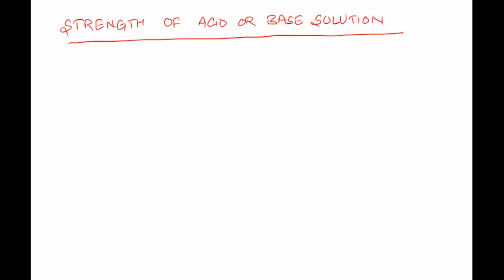So the first question that comes into our mind is, what happens to an acid or base in a water solution?